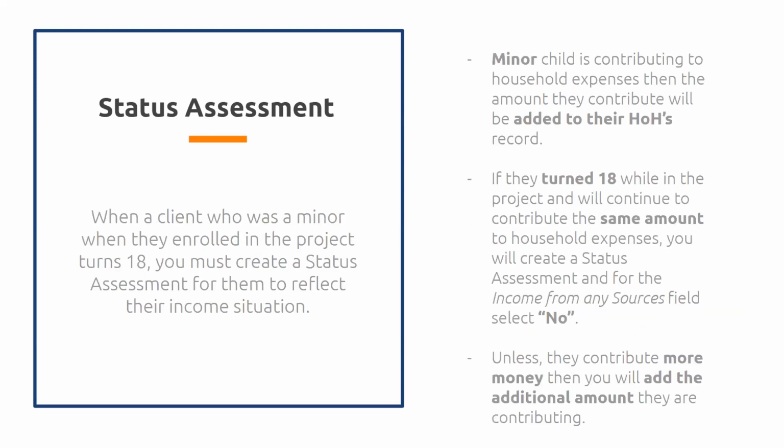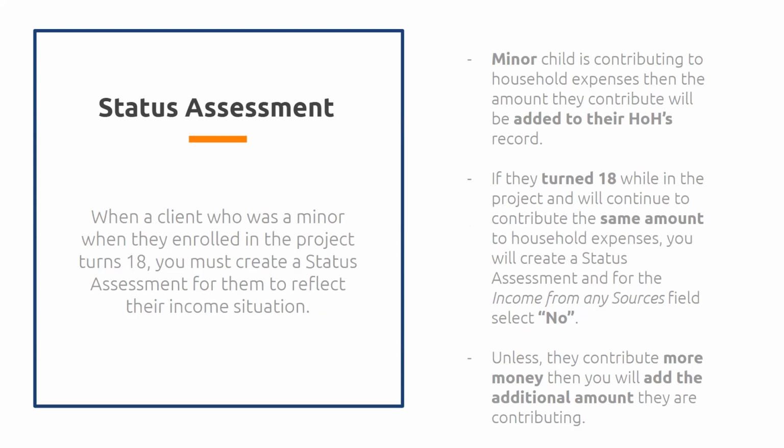Another common status assessment you can add is when a minor is enrolled in your project and that minor has turned 18. So you can add a status assessment and create income and sources for them. As I mentioned earlier, if a minor is contributing to household expenses, then the amount they contribute will be added to the head of household's record.